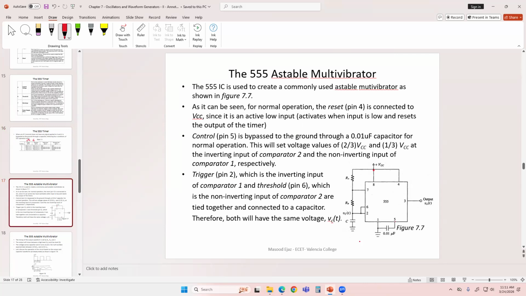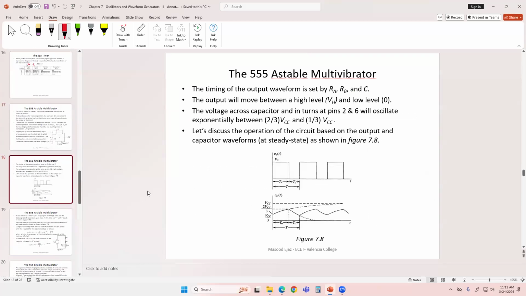So the voltage at pin number 2 and pin number 6 will be the same, which is the voltage across the capacitor. And then you have two resistors, RA and RB, that will be used to set the timing. So timing of the circuit is going to be set by RA, RB and the capacitor.